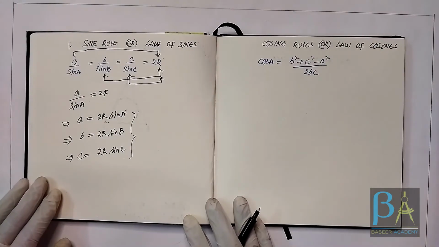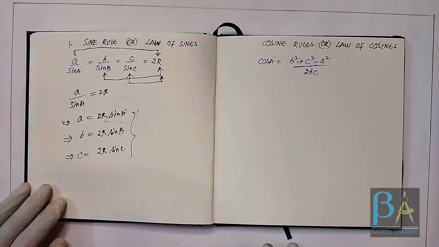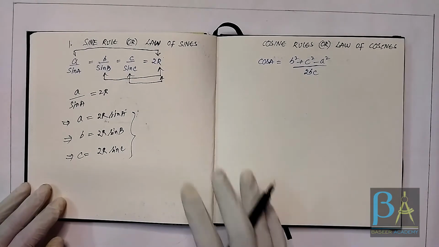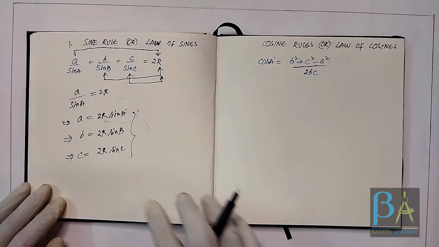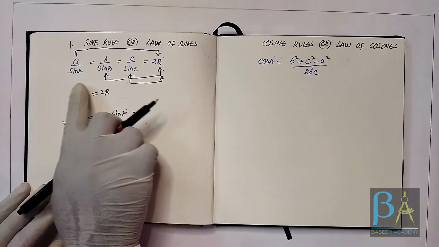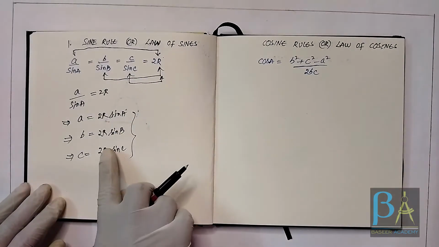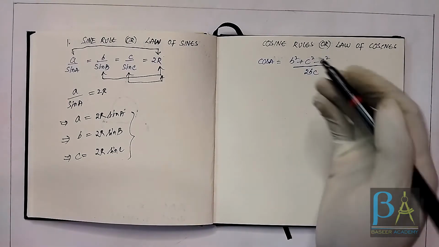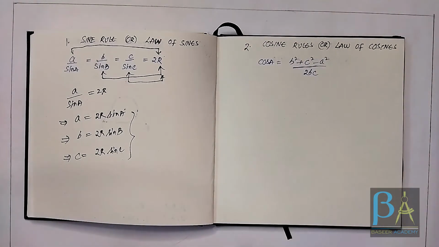The sine rule itself is very easy: a by sin A is equal to b by sin B is equal to c by sin C is equal to 2R, and from this we derived a is 2R sin A, b is 2R sin B, and c is 2R sin C. Now let us move on to the second rule that we are going to learn today.